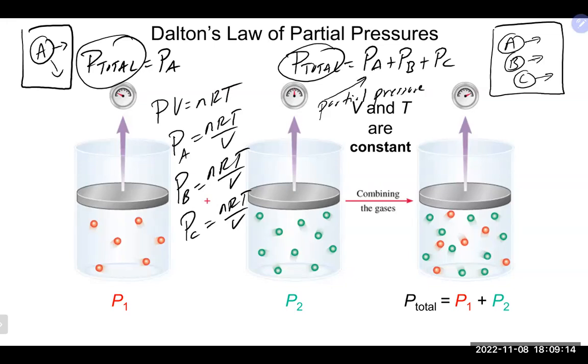Another nice aspect of the mixture of gases is they're all in the same container, which means they all have the same volume and they all have the same temperature. So the volume and the temperature is the same for all gases that are there.